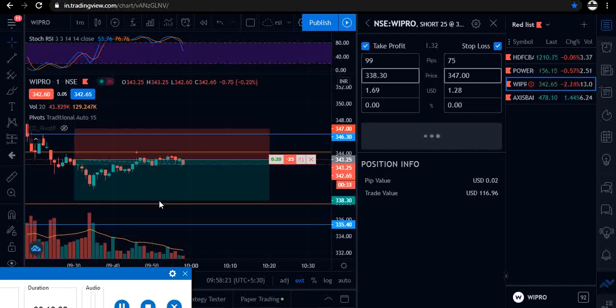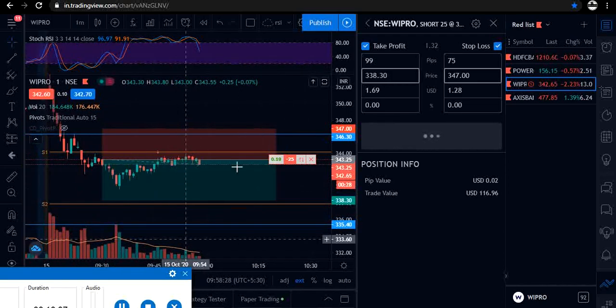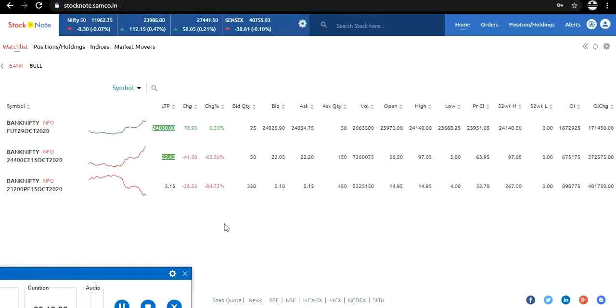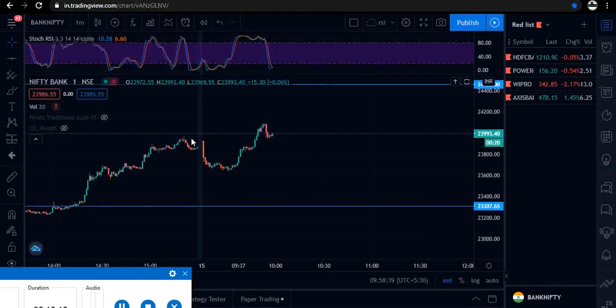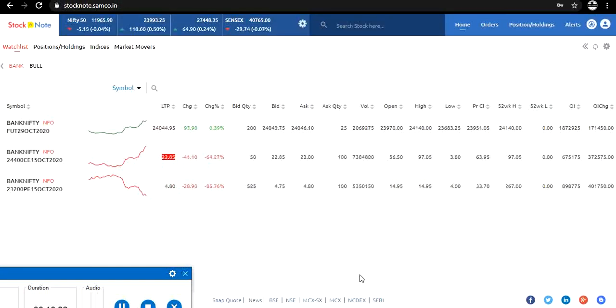And Wipro is going again, trying to come downside. Let's see what happens. It has not taken yet 6. So what you said, traders? Okay, let us place our order at 5.20.